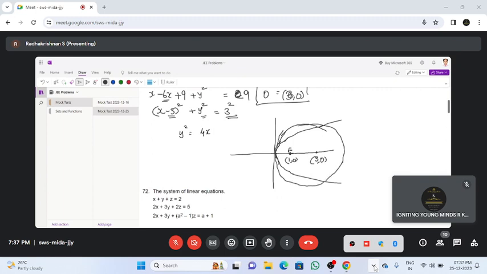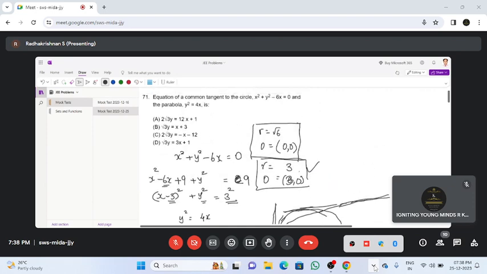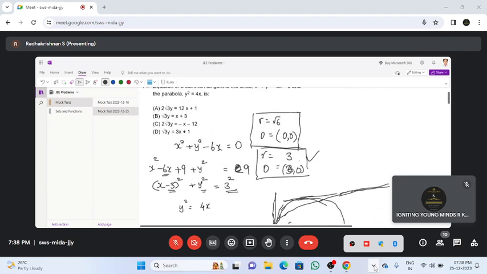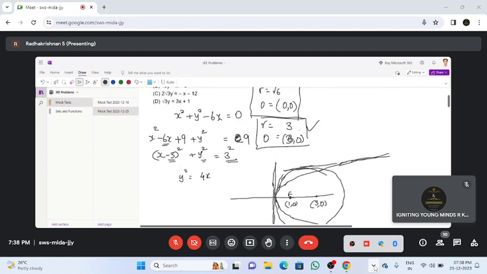The common tangent will be something like this. There will be one here, and similarly one here. So you can already see that the y-axis is a common tangent. So there are 3 common tangents. What question have they asked? Equation of the common tangent. The y-axis option they have not given. Therefore it is one of the other 2.